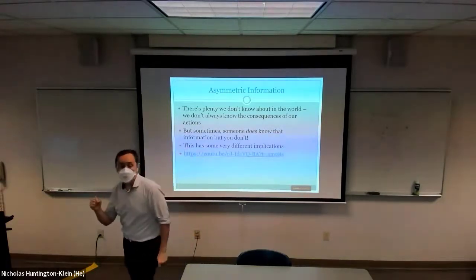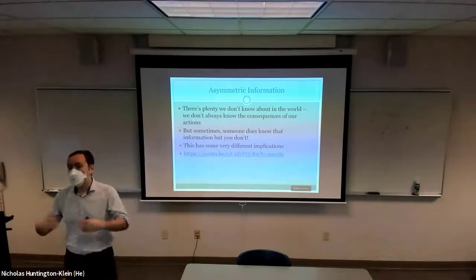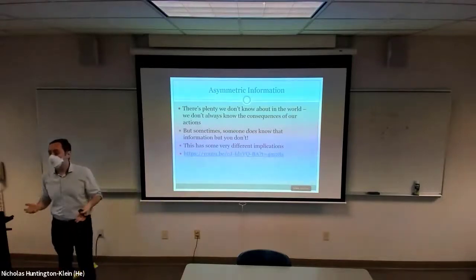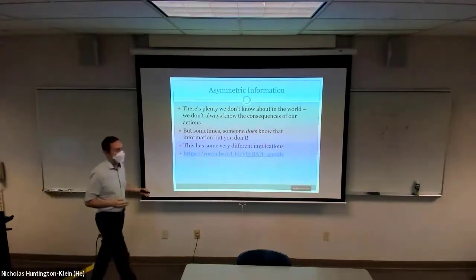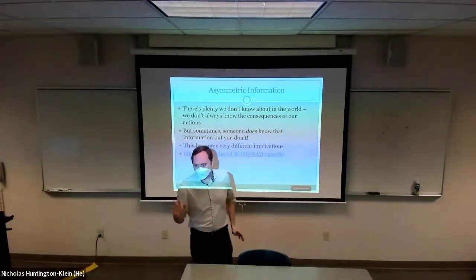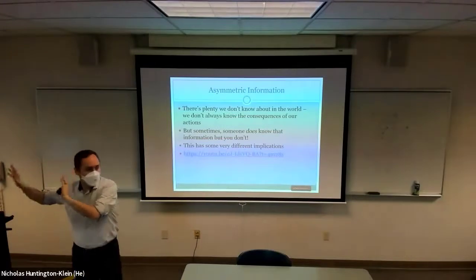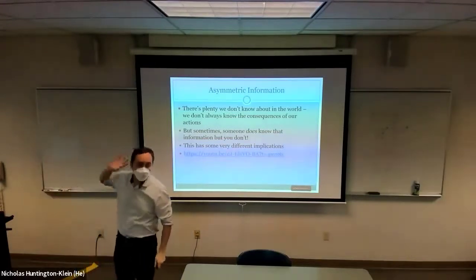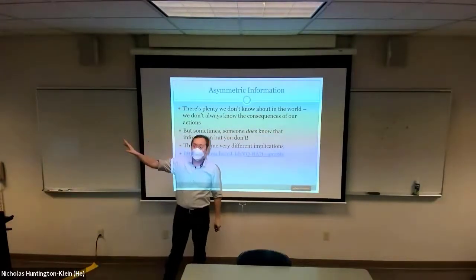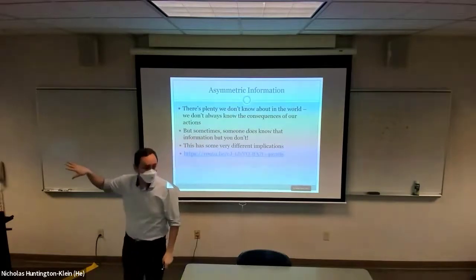Nobody knows whether a given lottery ticket is going to win. Nobody knows whether the stock will go up or down unless they have some sort of insider information. So nobody knows those things, and that's one way of dealing with decisions where nobody knows the outcome. If you take intermediate micro, you'll deal with a lot of that stuff.